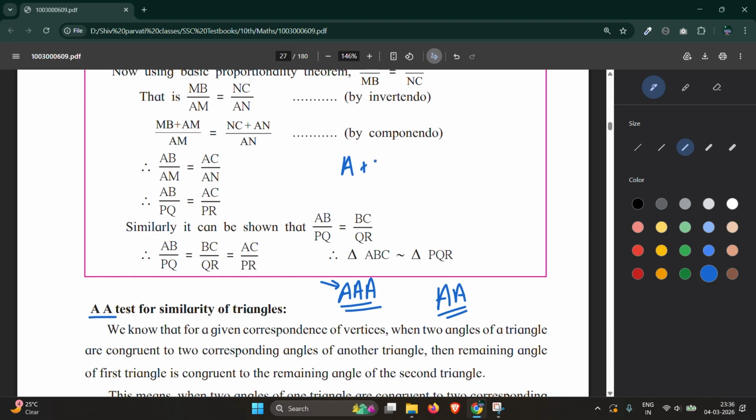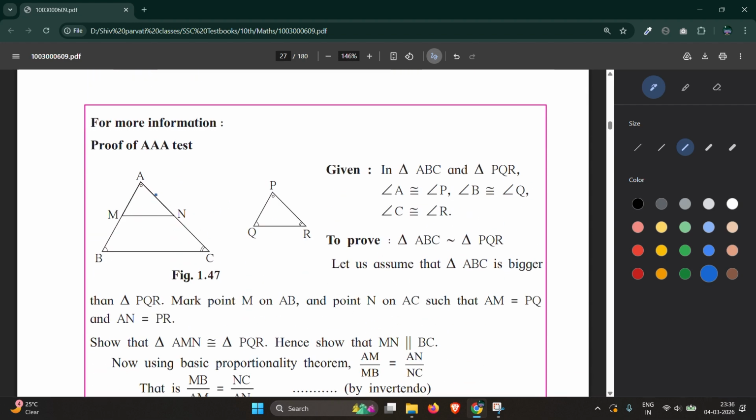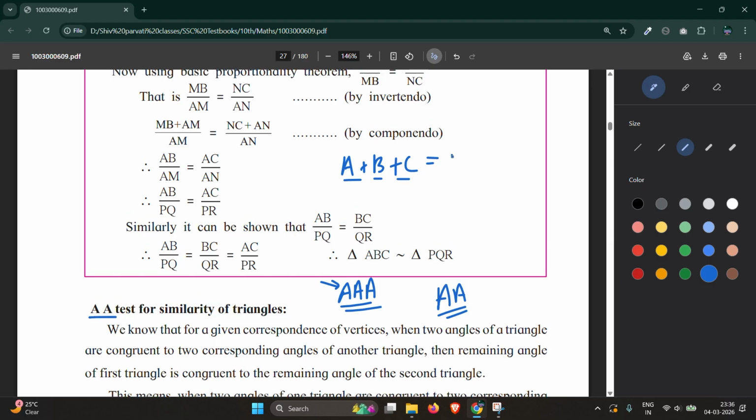So if angles A plus B plus C are the internal angles of a triangle, they all must add up to 180 degrees.